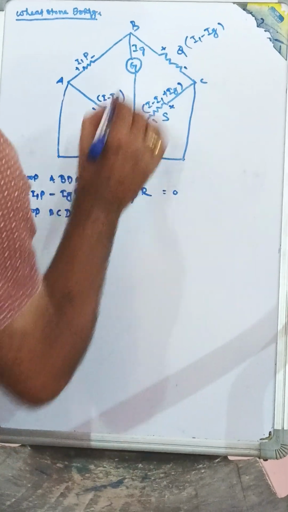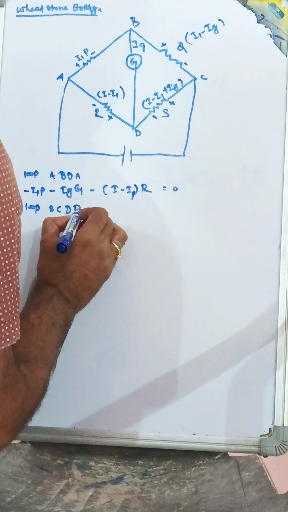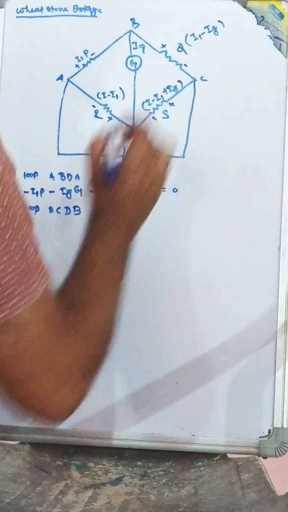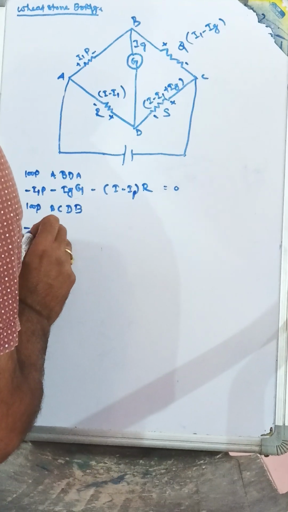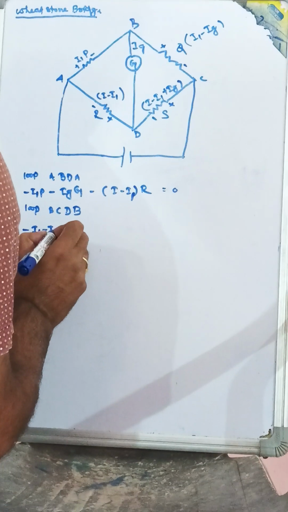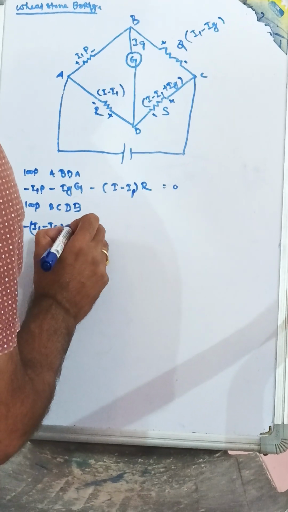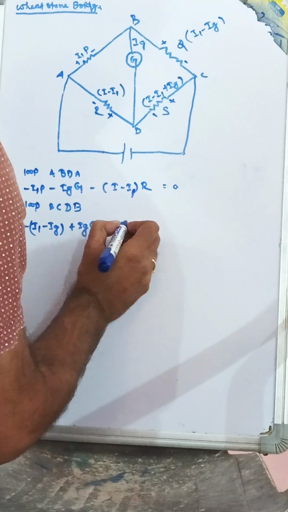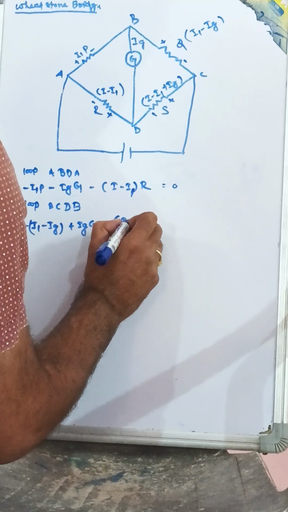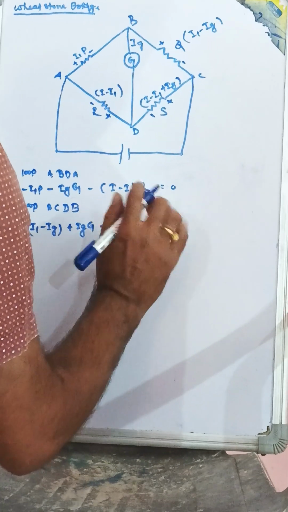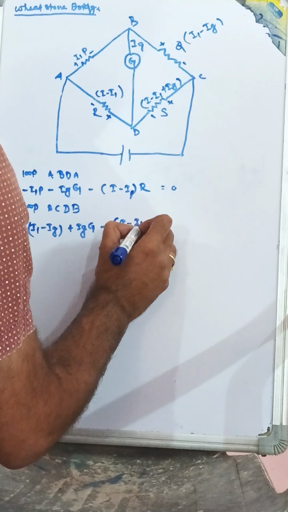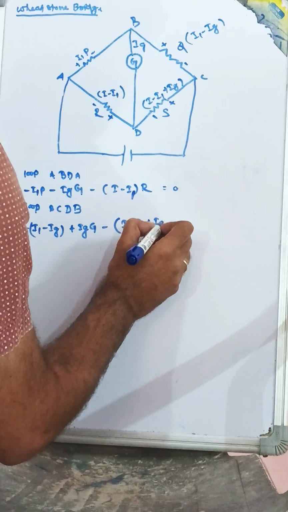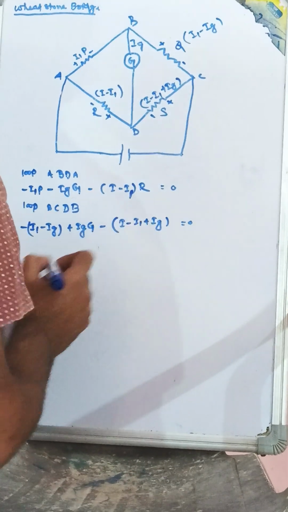In BCDB, minus (I1 minus Ig) Q plus Ig G, okay, minus (I minus I1 plus Ig) S is equal to 0.